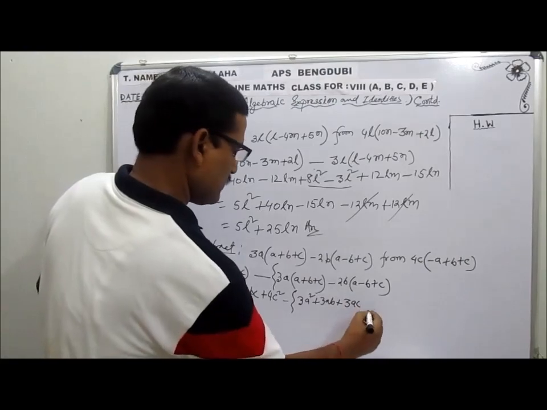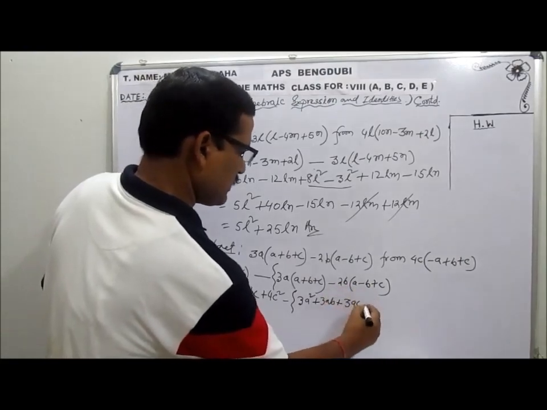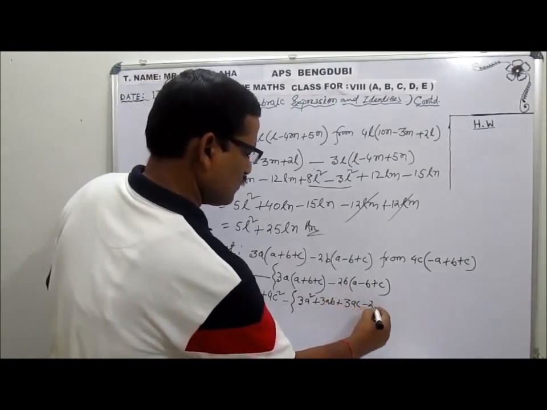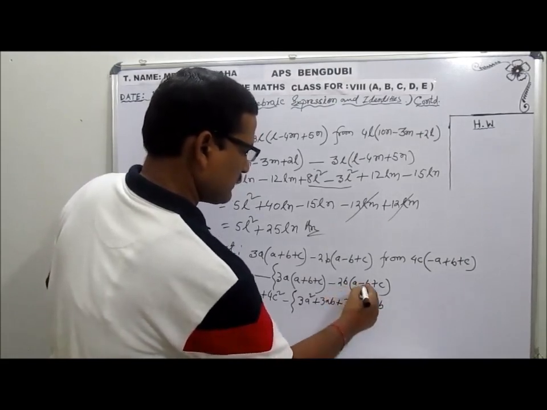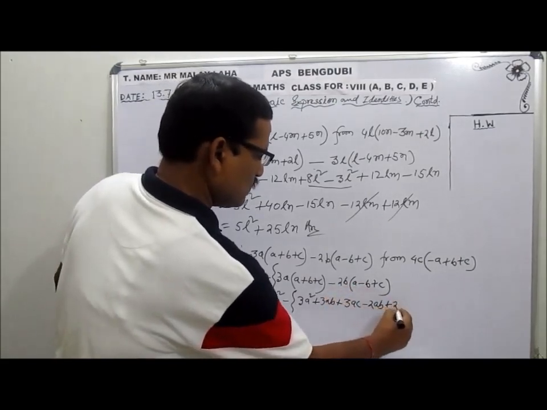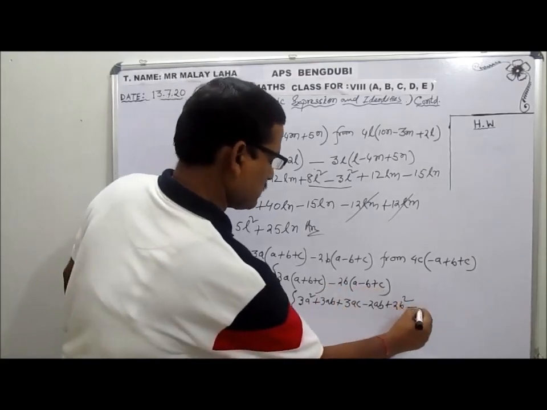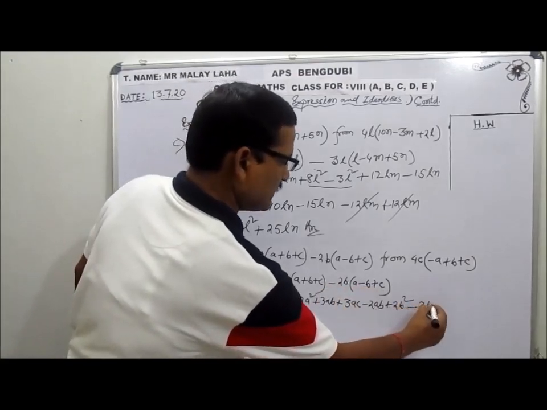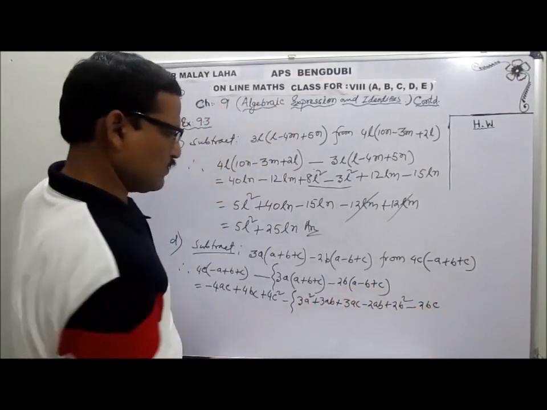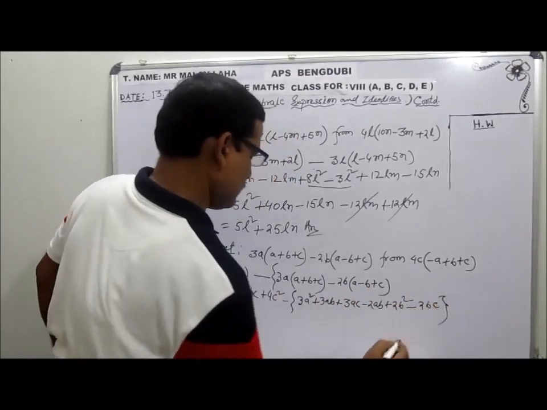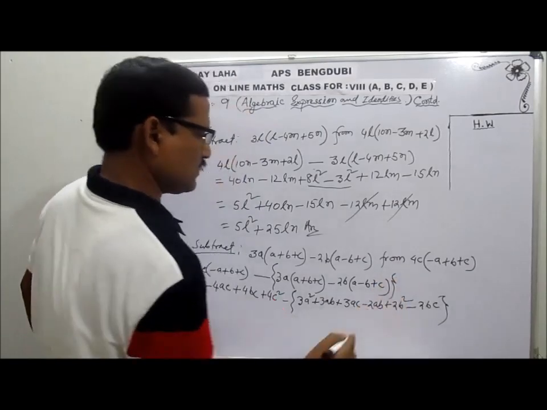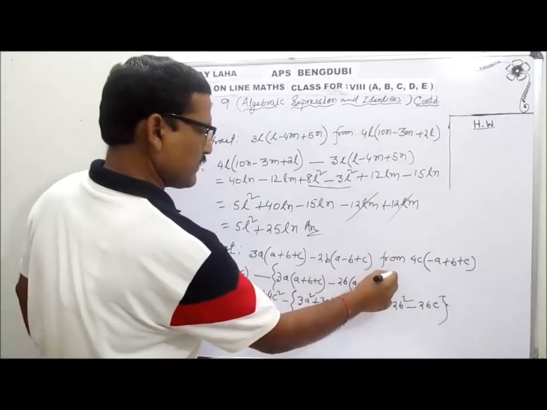Okay, clear? After this much is over, now here minus 2ab, minus minus plus 2b², minus plus minus 2bc. Bas, it is over, curly bracket closed. Here we have to give a bracket.